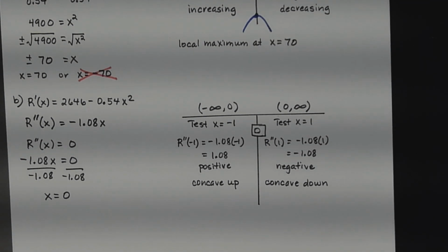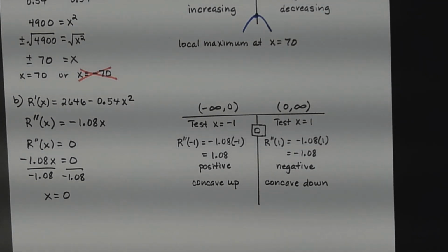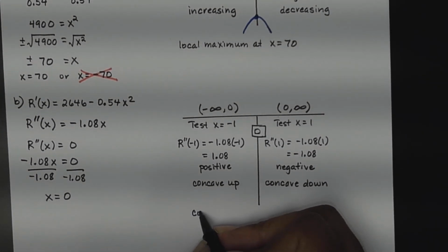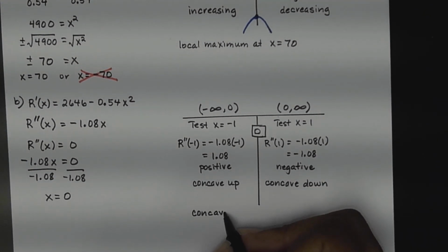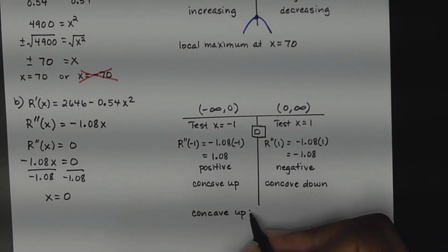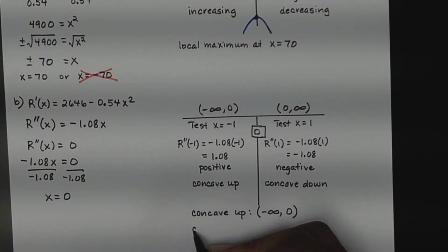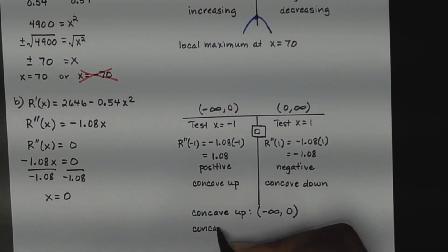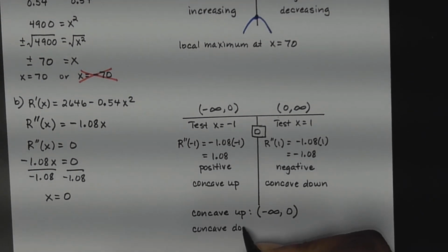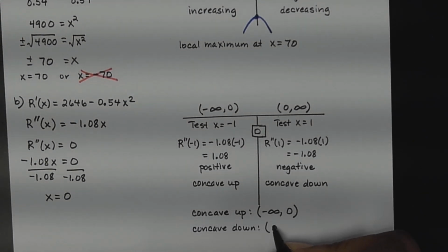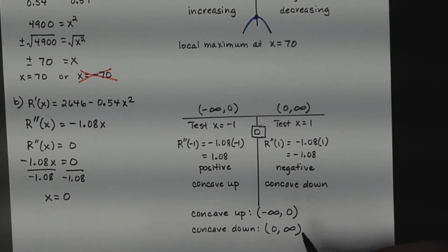Okay? And they do want the interval notation for this one. So the graph is concave up from negative infinity to 0, and the graph of the revenue function is concave down from 0 to infinity.